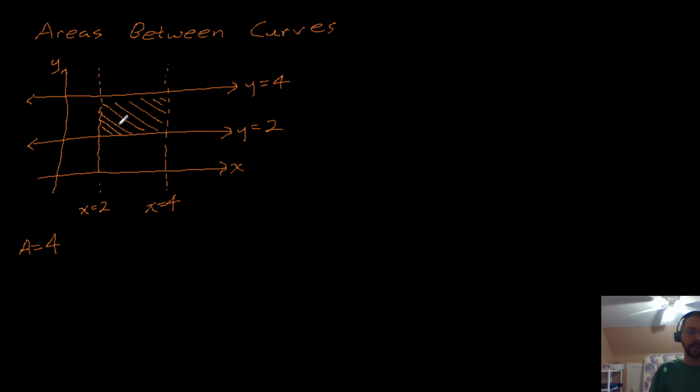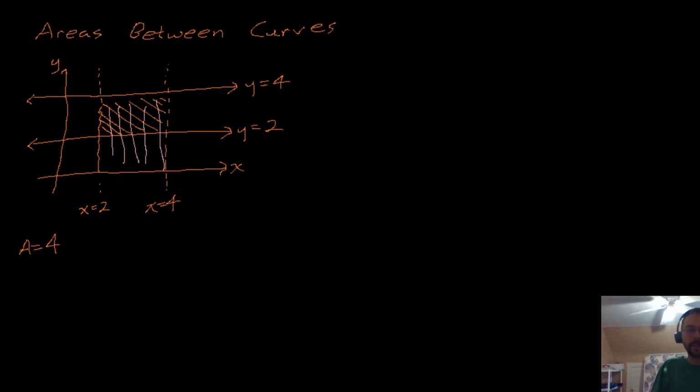So one thing that we can do is what we already know from the last example. If we find the area under the curve y equals 4, we know how to do that, and let's say that's this right here.